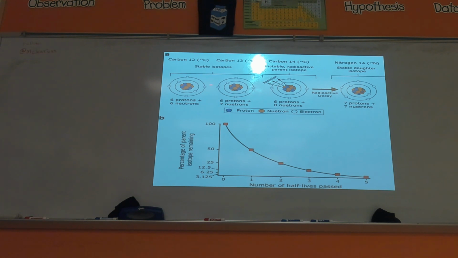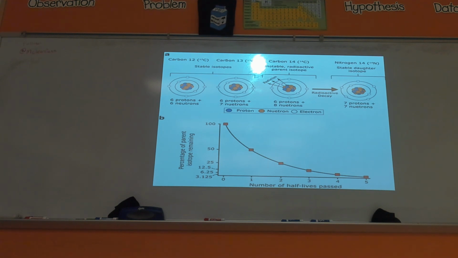Here are stable isotopes of carbon, carbon-12 and carbon-13. For these, the proton to neutron ratio is stable. This atom is not radioactive. Now, once you get to carbon-14, carbon-14 is unstable. So it's going to undergo radioactive decay into a more stable atom, in this case nitrogen-14.